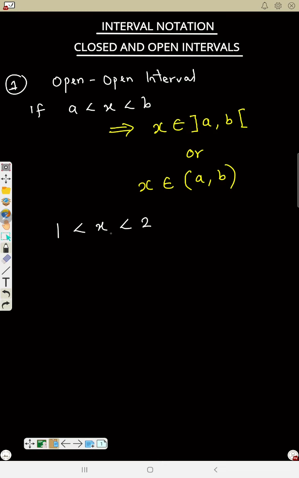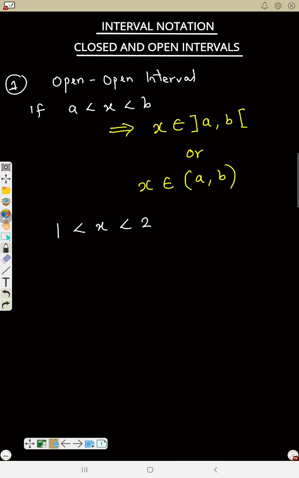If 1 is less than x, that means the number here should be more than 1. And again, x is less than 2. So the number here now should be like 1 point something, 1.8, 1.1, 1.2. So it will be more than this, but less than this. But we are not doing that for now. What we are doing is how to represent this in interval notation.